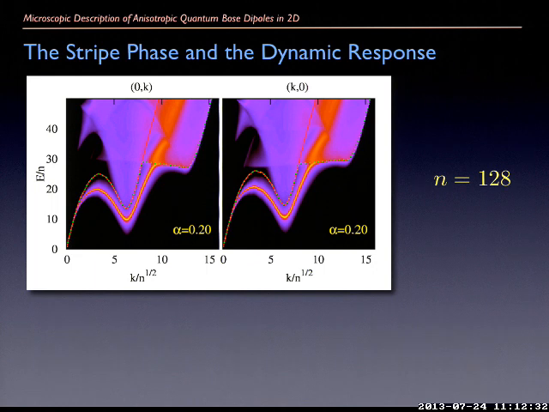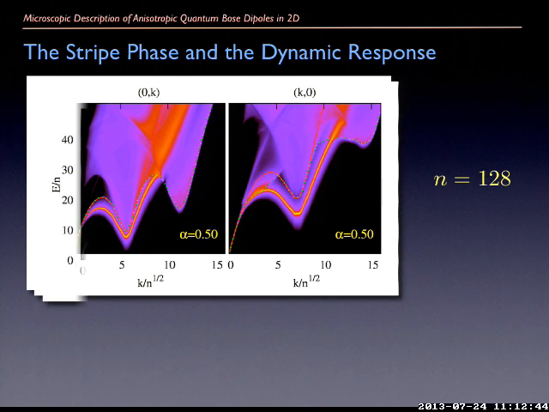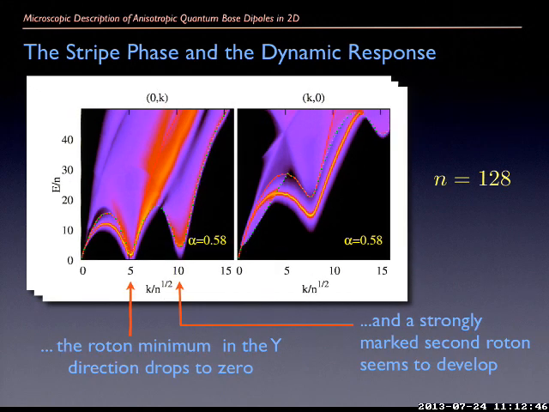It's not that much of a difference, but when you start increasing the polarization angle, then you see that in the y direction the roton becomes more pronounced, and if you keep increasing it, it almost goes to 0. So it's similar. The physics is similar to what Santos and Pfau were describing, but for that system.